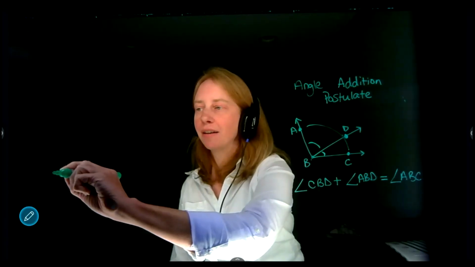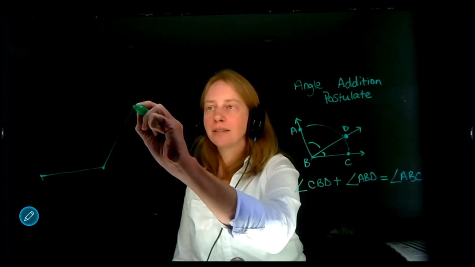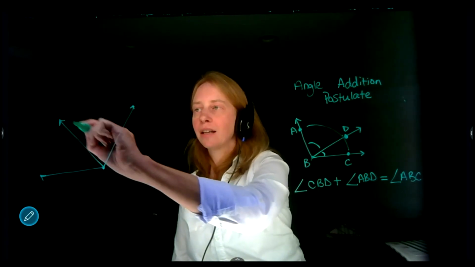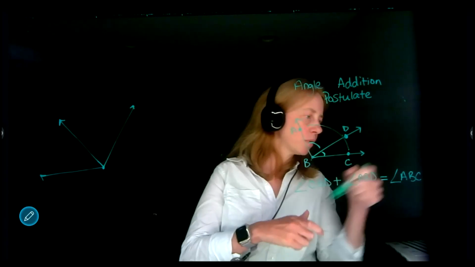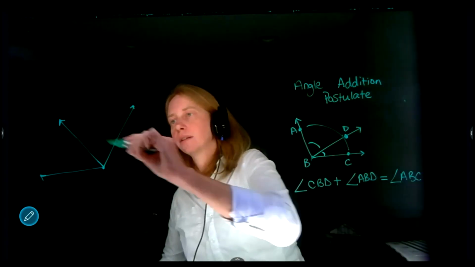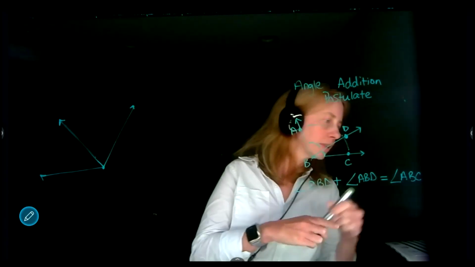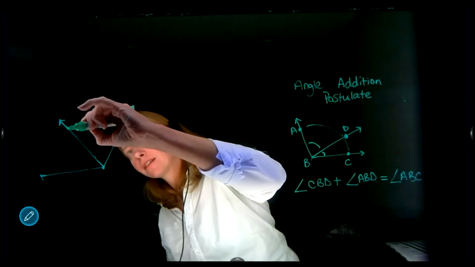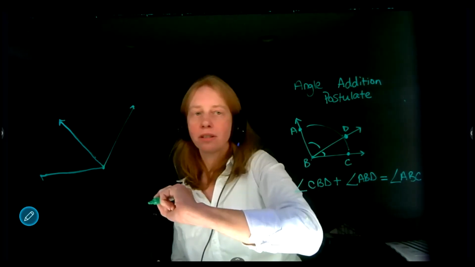So here's one that I've got. I've got an angle that looks like this, very similar to the last one, and a line coming out of it. This marker's going bad. We're going to switch. Let's try this one. That one's even worse. This one will be the winner. There we go. Darken up those lines just a little bit.